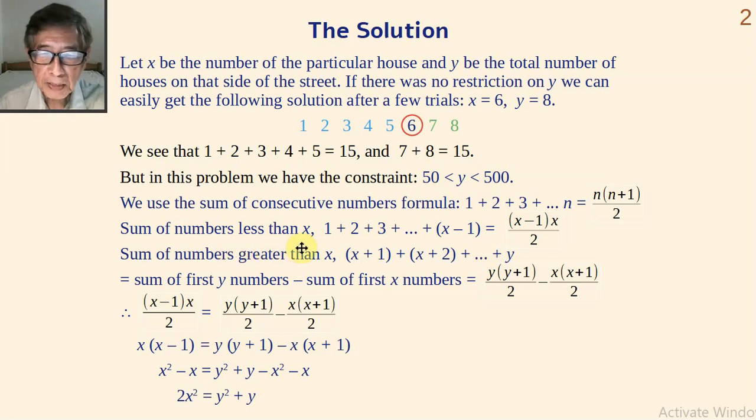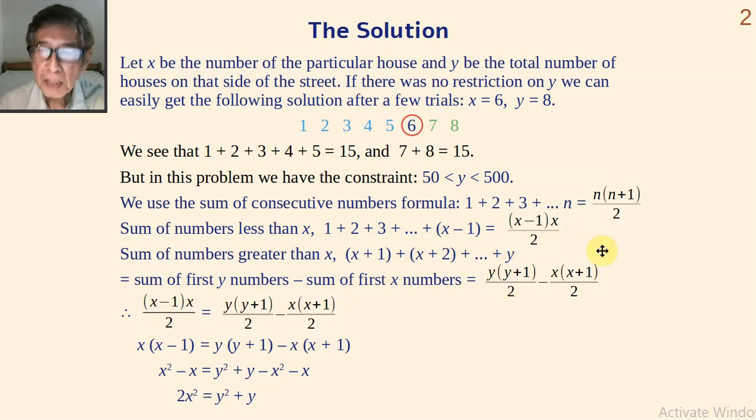Sum of numbers less than x, 1 plus 2 up to x minus 1, is, according to the formula, x minus 1 times x over 2. Sum of numbers greater than x, x plus 1, x plus 2, and so on up to y, can be obtained by taking the sum of the first y numbers minus the sum of the first x numbers.